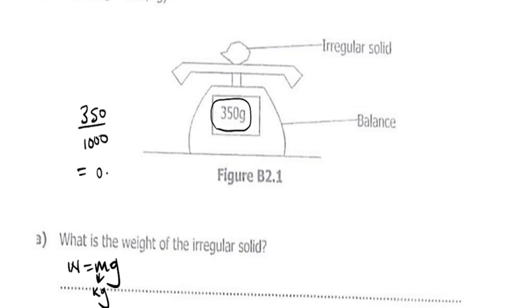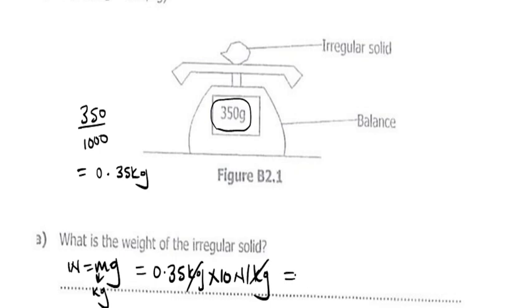We get 0.35 kilograms. So weight will be equal to mass, 0.35 kilograms, multiplied by acceleration due to gravity. They've given us 10 newtons per kg, so the kilogram will go. 0.35 multiplied by 10, we get 3.5 newtons. So 3.5 newtons is our answer here.